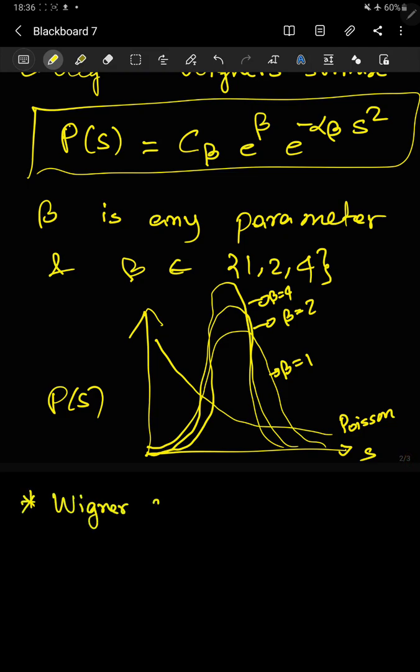So Wigner surmise, why is it important to our random matrix scenario?